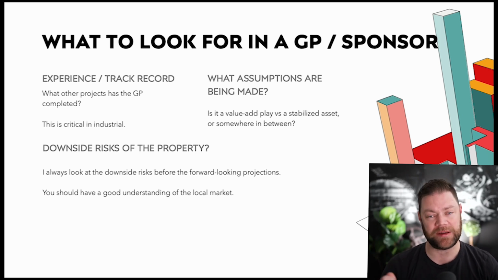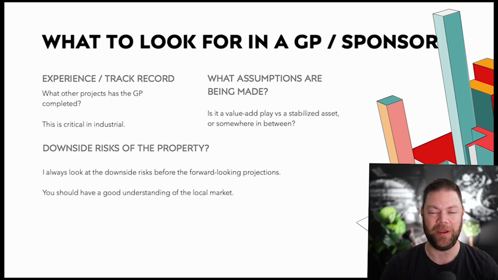And always, I can't emphasize this enough, always look at the downside risks before looking at any of the forward-looking projections. It's very tempting and compelling and appealing when you look at a pro forma that extrapolates the deal out over 10 or 15 years, and it shows all these great numbers about how high the internal rate of return will be or what the cash on cash will be.